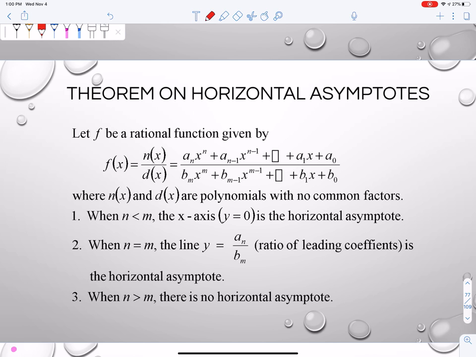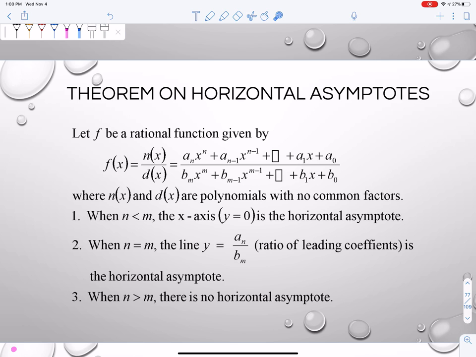Let's assume a generic rational function f of x equals n of x over d of x, the numerator over the denominator, right? And by definition, these are polynomial functions. Here I'm dealing with n of x having a degree n and my denominator having a degree m. So what's going to be important to us here is the degree of the functions.